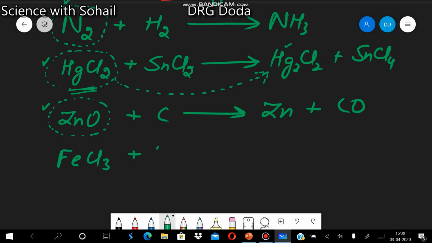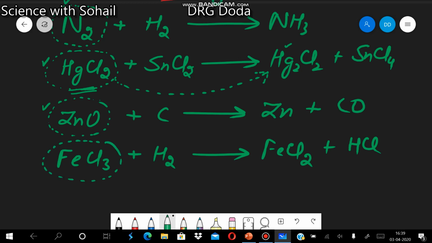Ferric chloride, when treated with hydrogen, gives ferrous chloride and HCl. Now ferric chloride is changing into ferrous chloride. It means ferric chloride is losing an atom of chlorine, or we can say it is losing an electronegative element. So it becomes reduction. So in this way, you have seen both the cases of oxidation and reduction along with their examples.